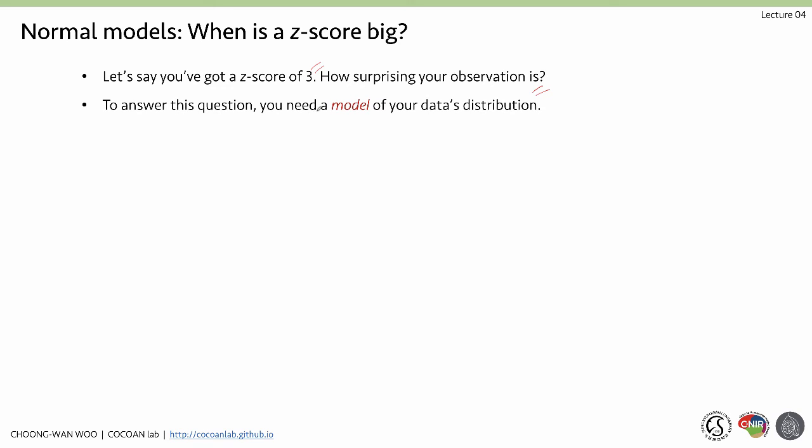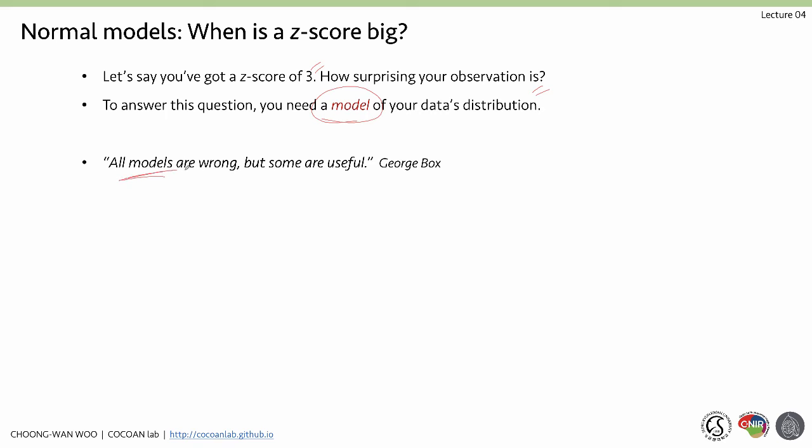To answer this question, you need a model of your data distribution. We are going to use a normal model, but before that, we need to know this. This is a really famous quote from George Box: all models are wrong, but some are useful.